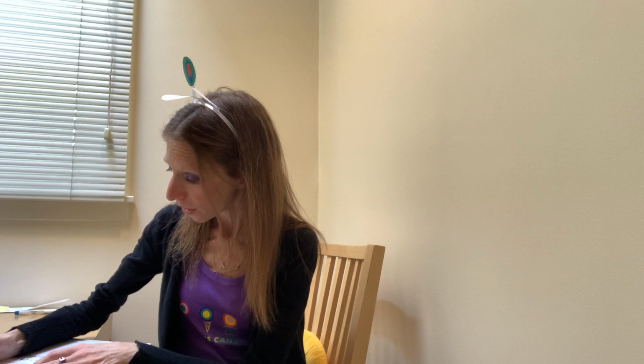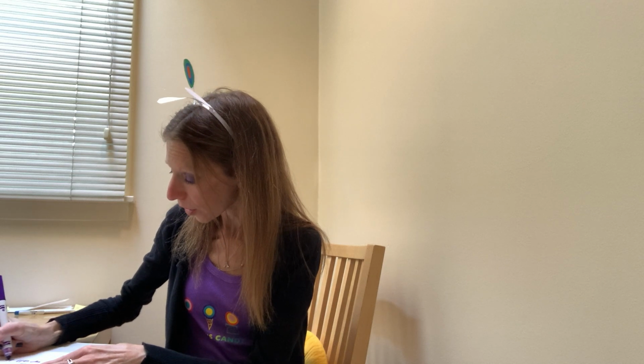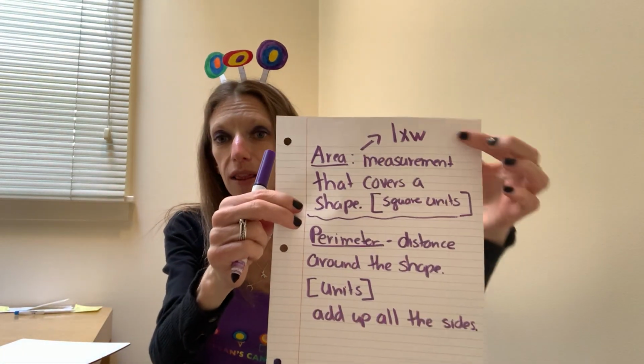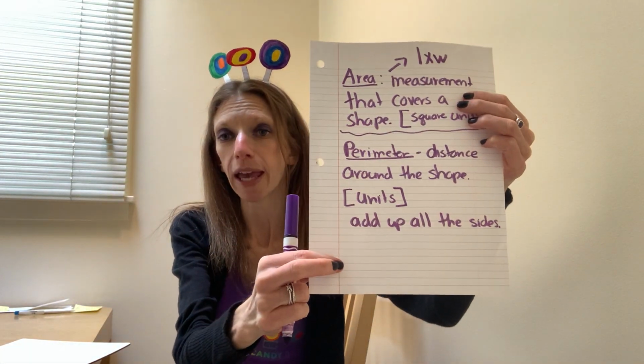Now, to find the area, you use multiplication. So you go the length times the width. I'm going to put that as a little arrow. Length times width. And in perimeter, you add up all the sides. All right, so area we do length times width. Perimeter we add up all the sides.